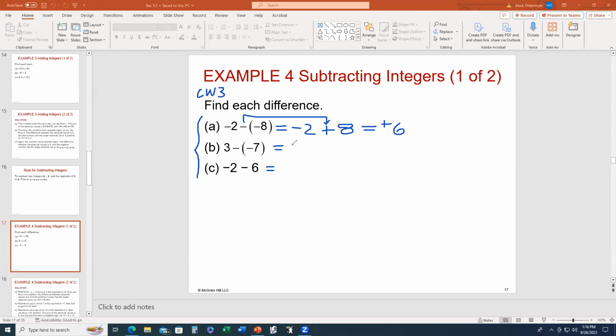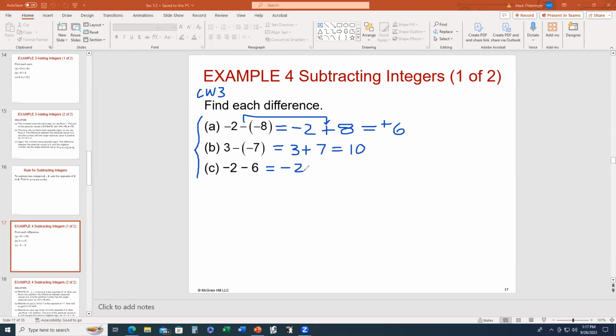3 subtract a -7 is equivalent to 3, change subtraction to addition, 3 plus, but then we must add the opposite of -7. What's the opposite of -7? Positive 7. And 3 plus 7, a positive plus a positive is positive, so we get +10. Finally, -2 subtract 6.